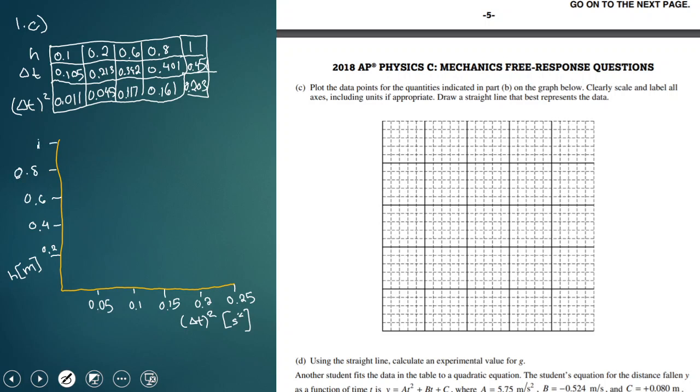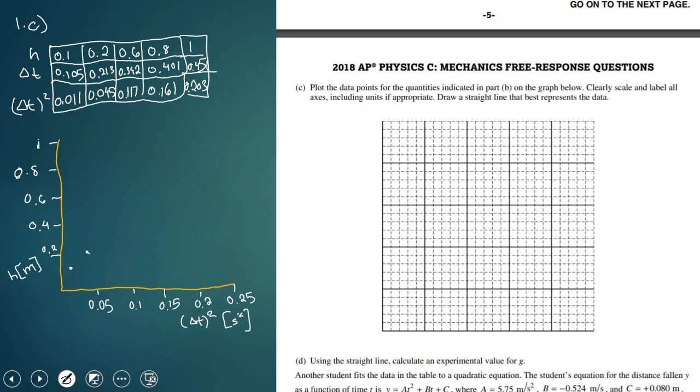Okay, and then to draw an approximate graph, at 0.105 we have 0.1, so it's about here. Then we have 0.01. I read that wrong. And then we have 0.045, so just a little bit before 0.05, and we have 0.2-ish.